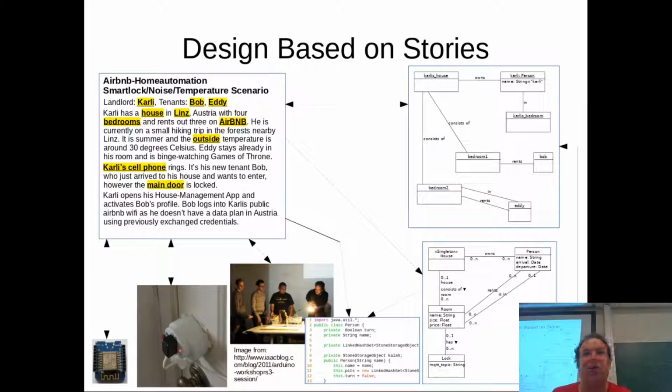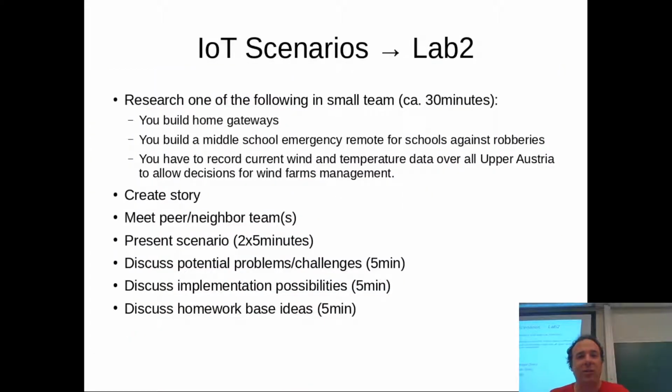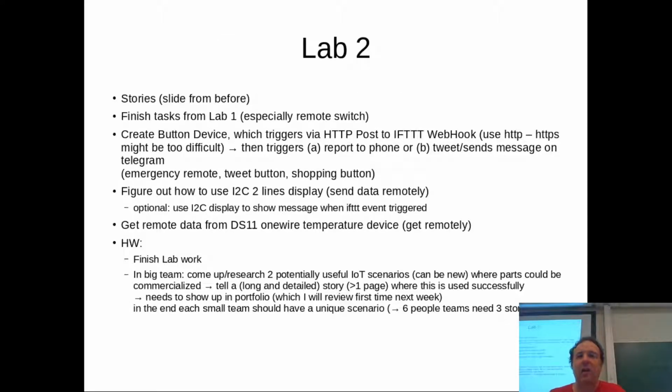This has other advantages. I don't have to tell you this, but one part of the lab today is actually to research a scenario. I give you 3 titles, and you can pick one and do some stuff with it. Then in the end, as homework until next week, you will elaborate on this scenario. In addition, in the lab, you will today extend your button to a smart button, which is connected to the internet.